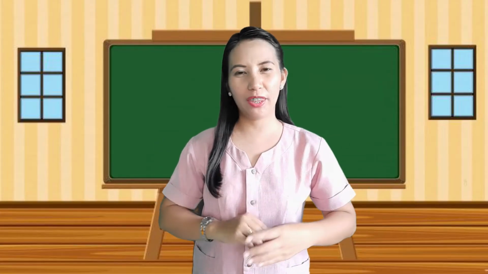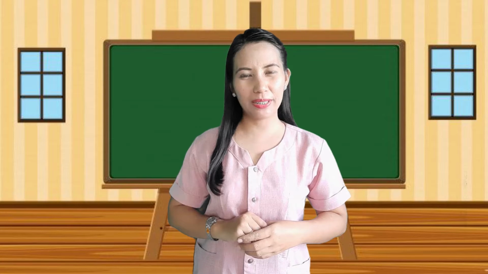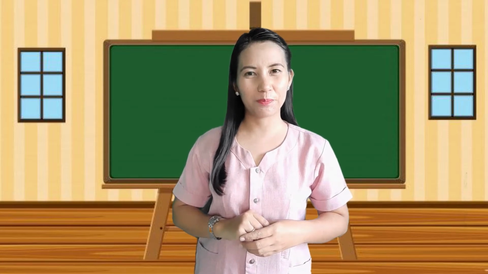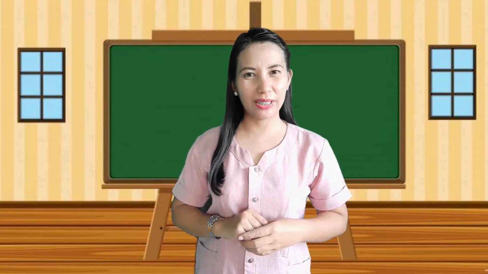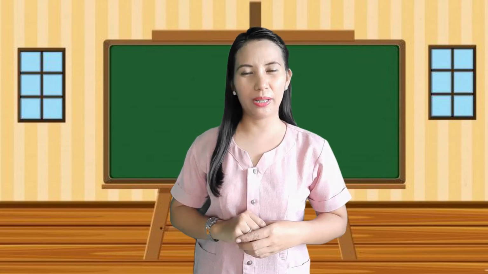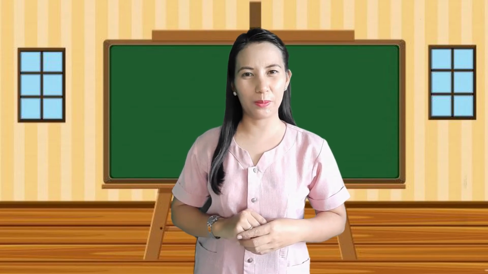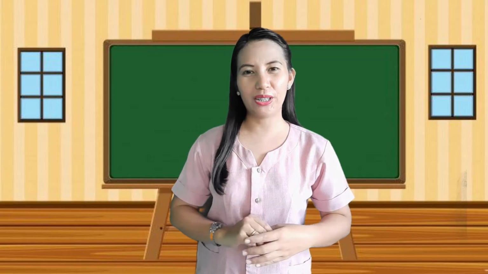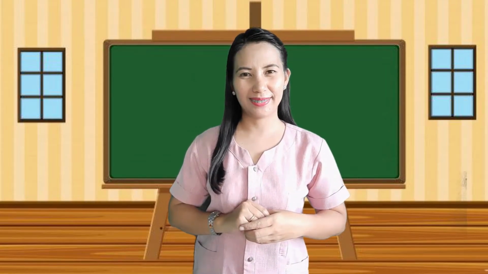In the previous video lesson, we learned about the concept of Boyle's law. Answer the following questions and let us check again your understanding about this law. Choose the letter of the correct answer.